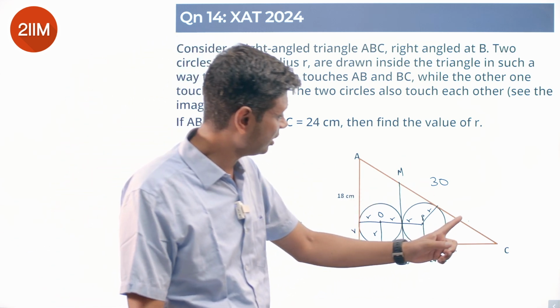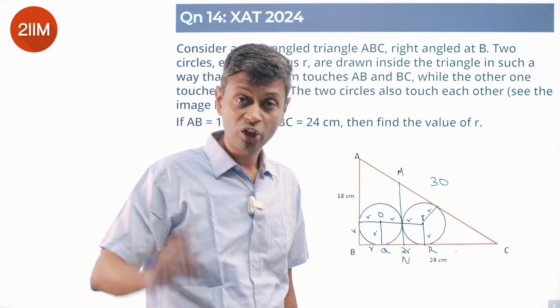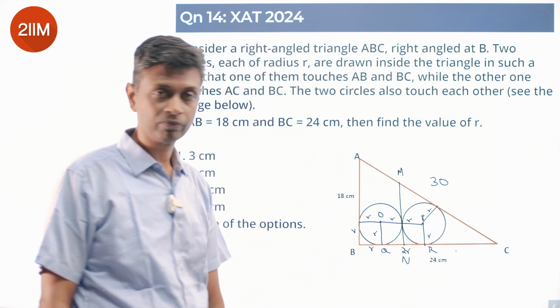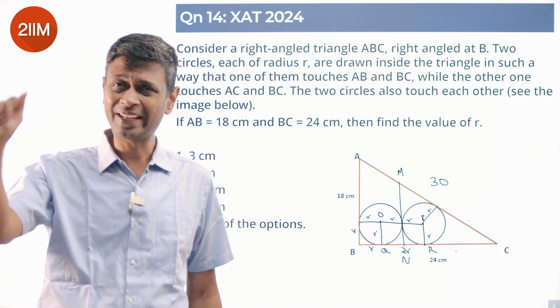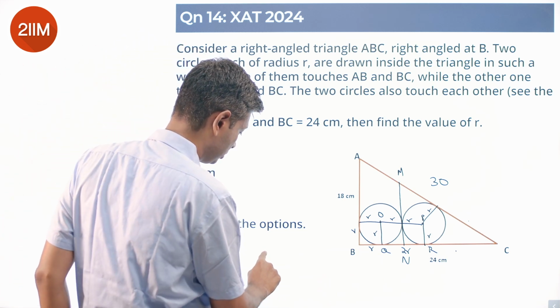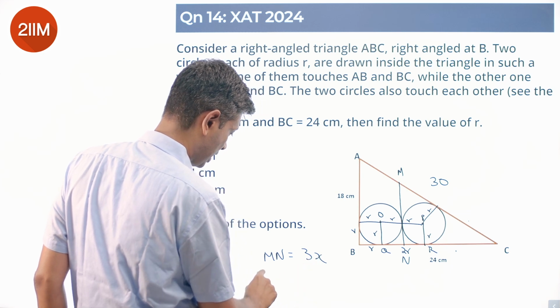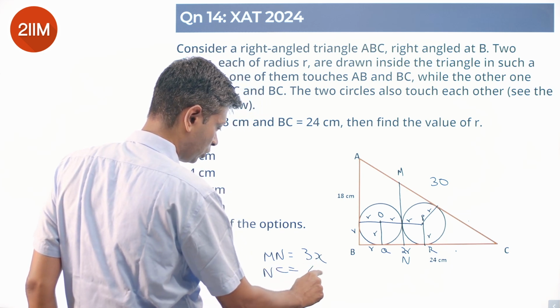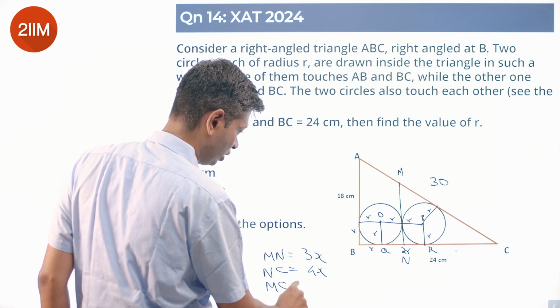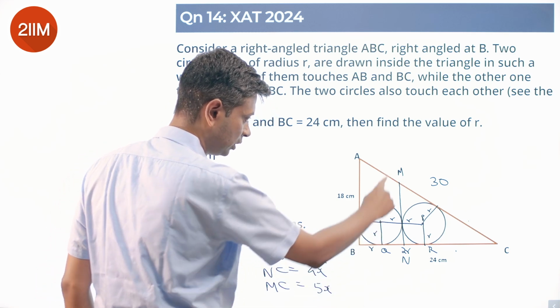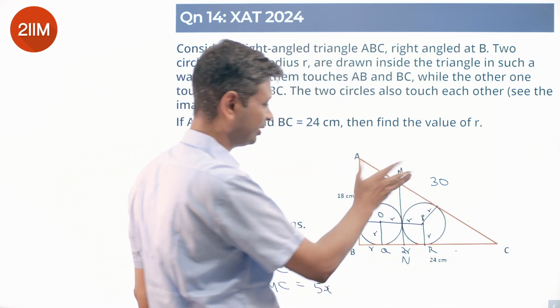I know triangle CMN is similar to triangle CAB. Ratio of 3:4:5. So I'm going to attack that. I'm going to say MN equal to 3x, NC is equal to 4x, MC is equal to 5x. These two triangles are similar, that I know.